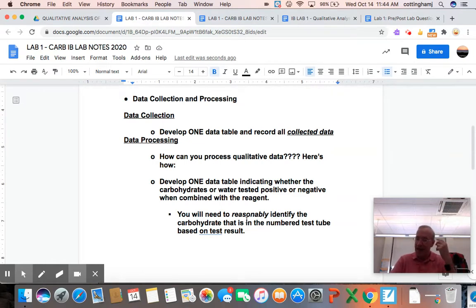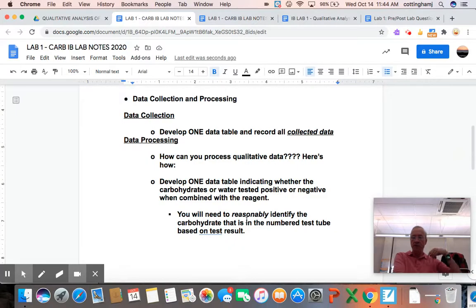All right, and then you take some thinking, because I'm looking for you to be able to develop another data table to indicate whether the carbohydrates or water tested positive or negative when combined with the reagent. Now you can read that off the table, but you're also going to need to have an idea for your conclusions which carbohydrate it is you're talking about that in fact tested positive.